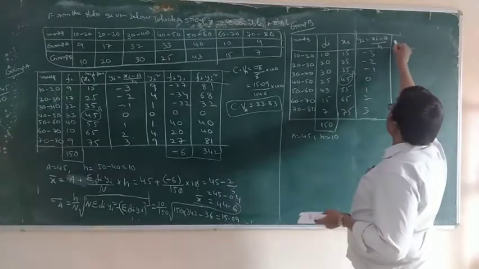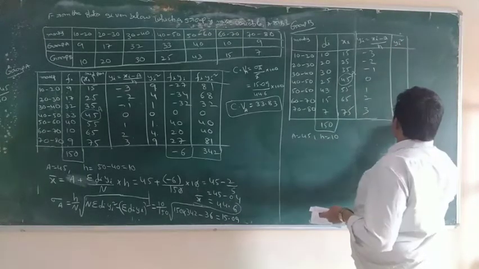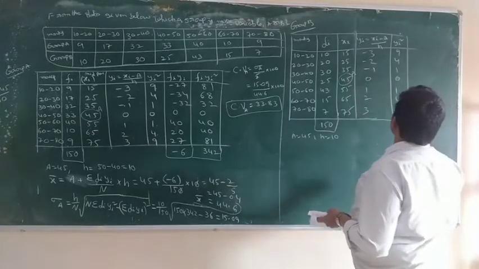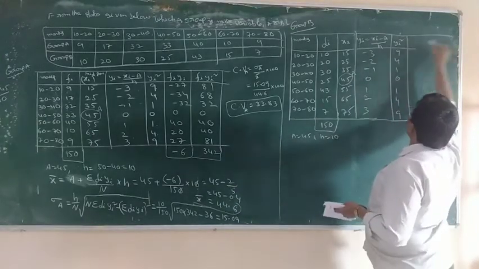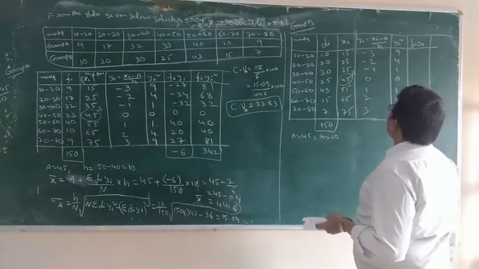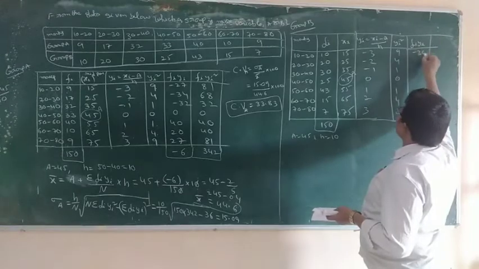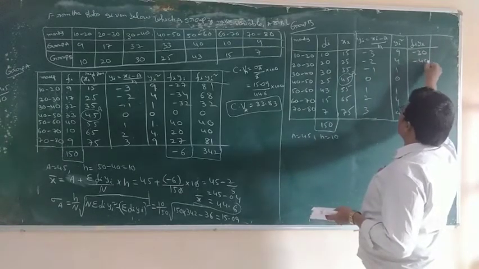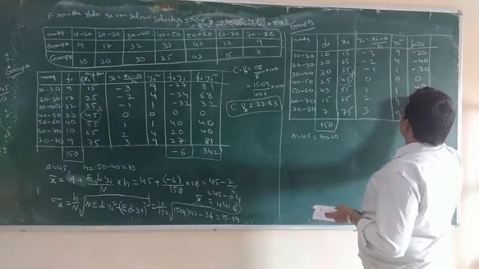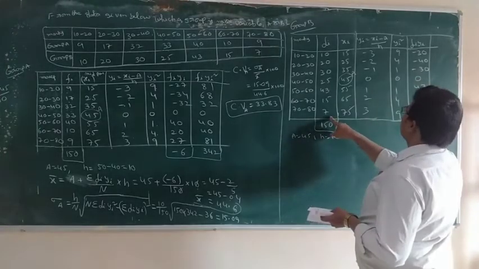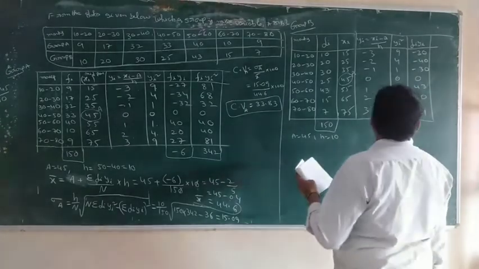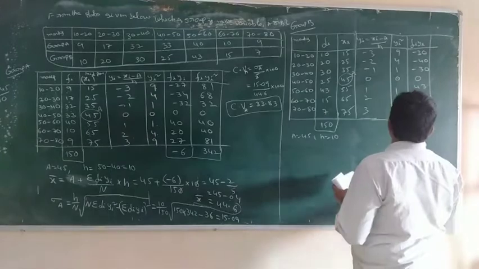Next, yi square is also the same: 9, 4, 1, 0, 1, 4, 9. Next, fi into yi: minus 30, minus 40, minus 30, 0, 43, 30, 21.